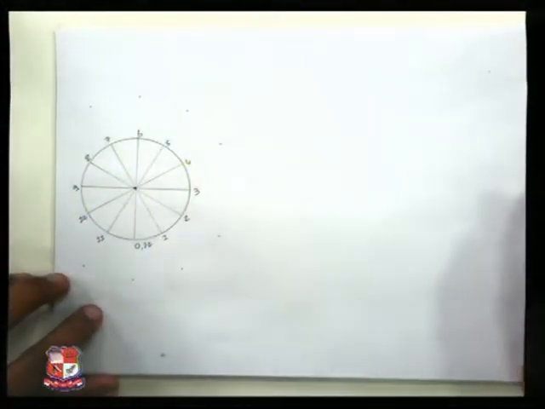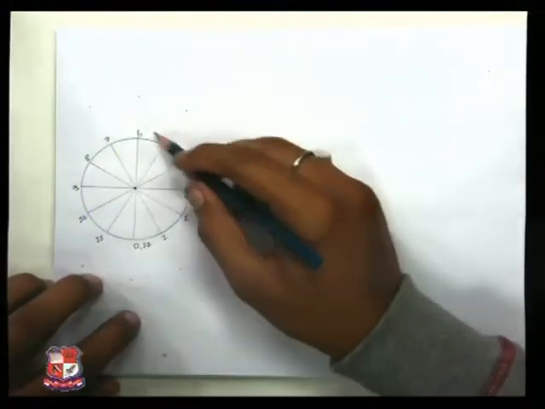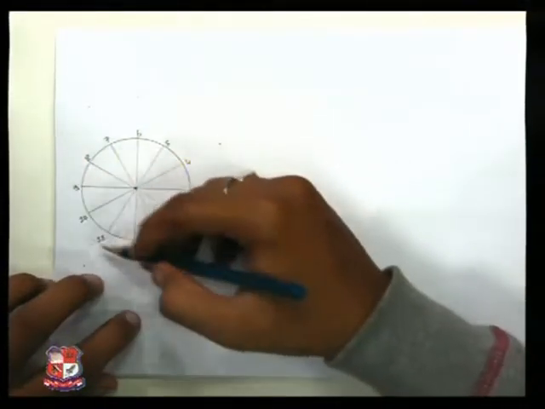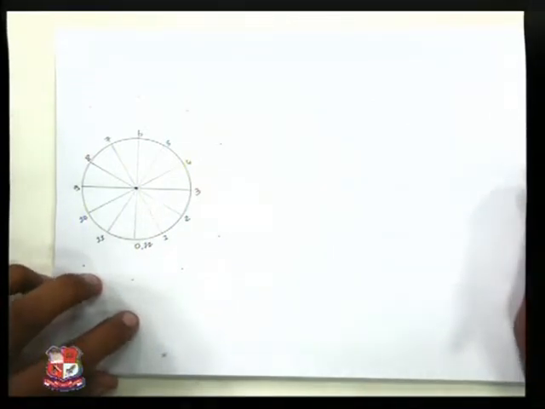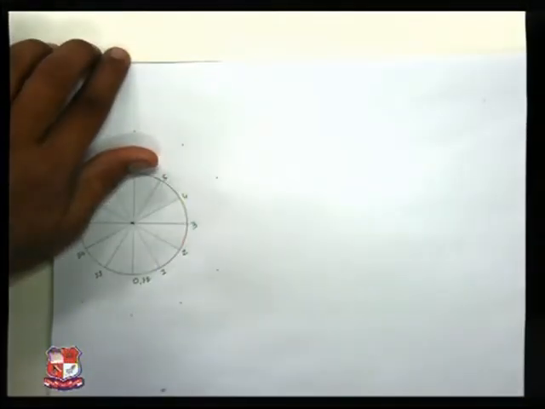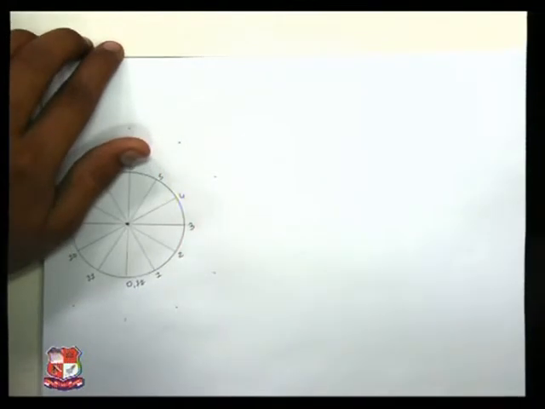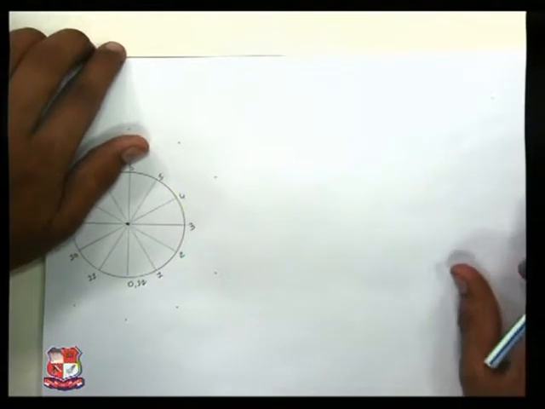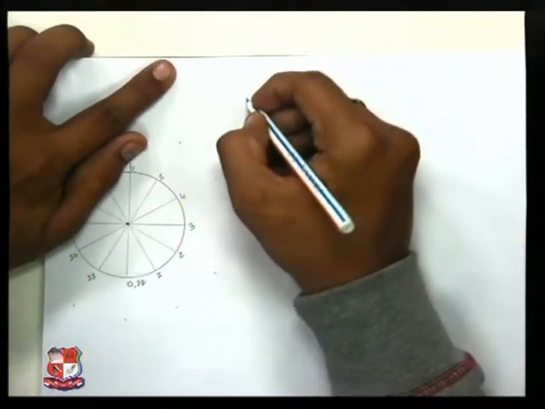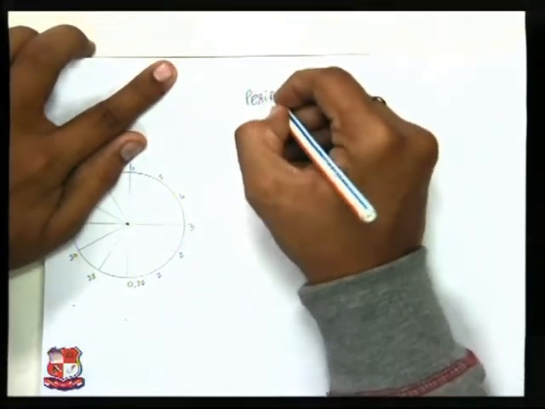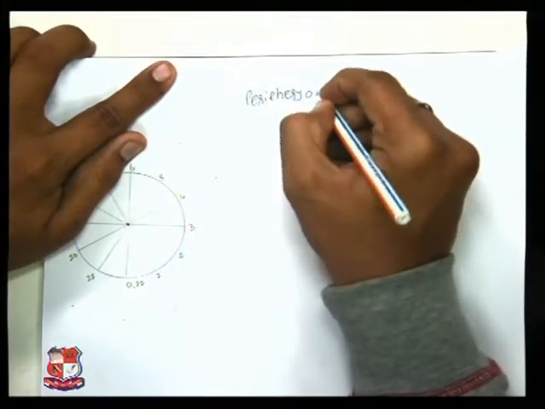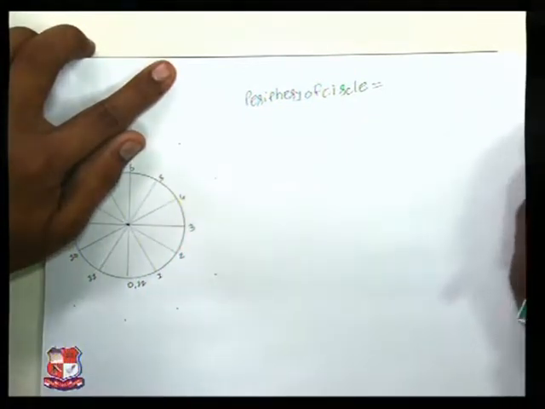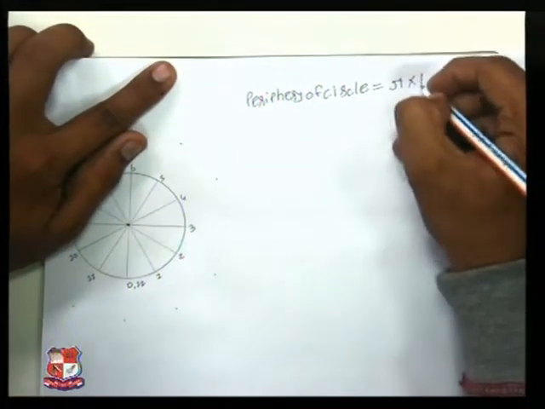Now, what would be the one revolution of this circle? The periphery. What is the periphery of a circle? The periphery of a circle is pi into d.